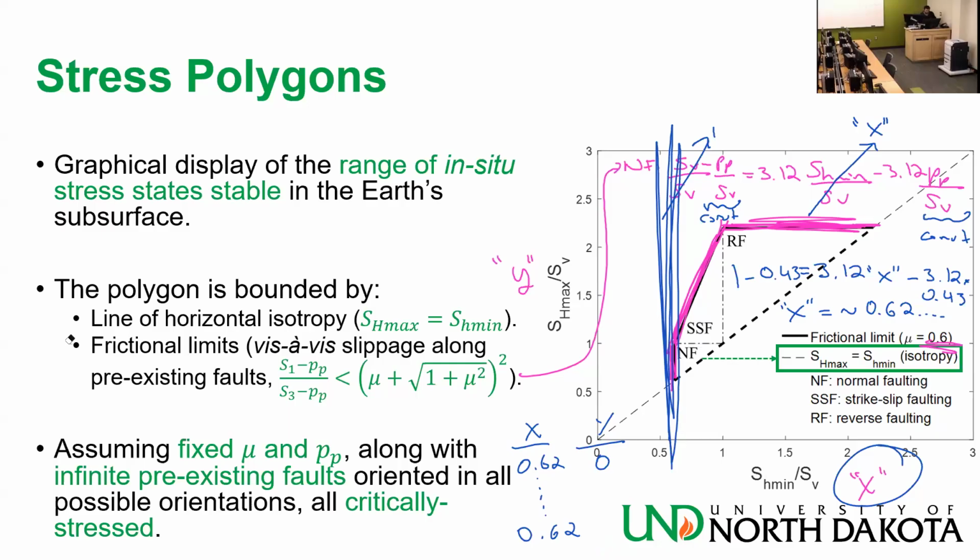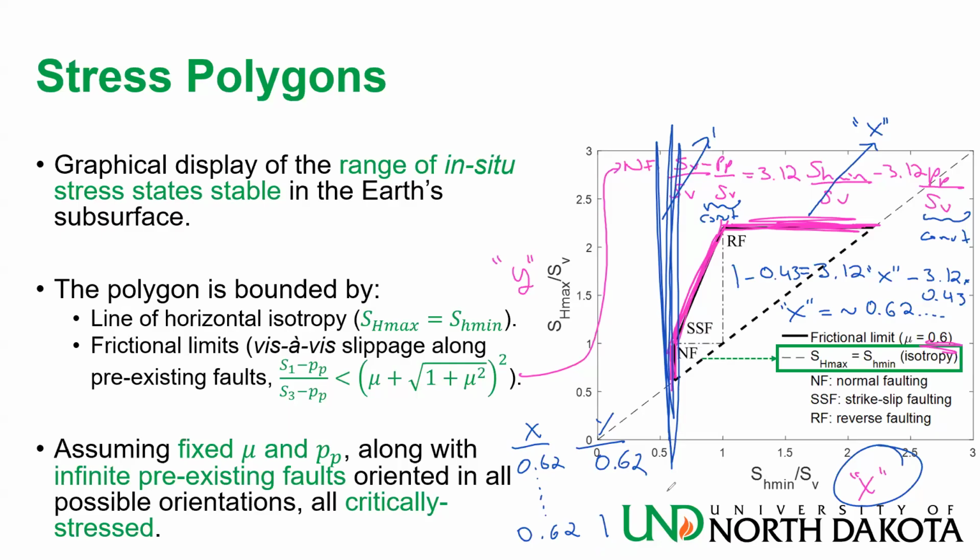It's down to you. What you suggest actually makes more sense, going from 0.62 to 1, because we said earlier the shear minimum is equal to shear max, so ratio 1, because it's normal faulting. Yeah, exactly. This is one way to draw the normal faulting line.